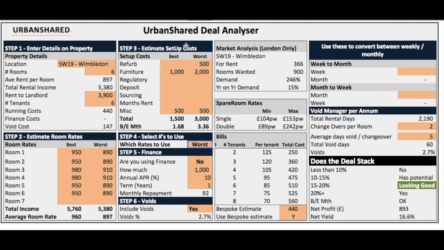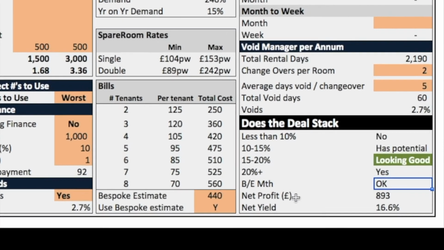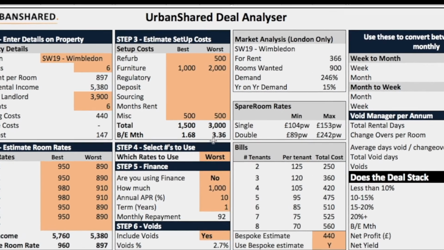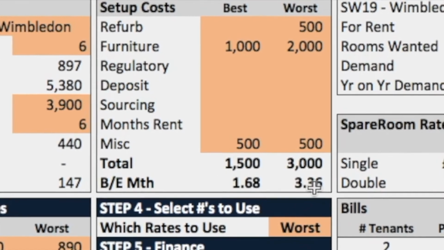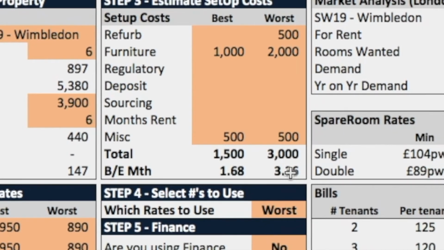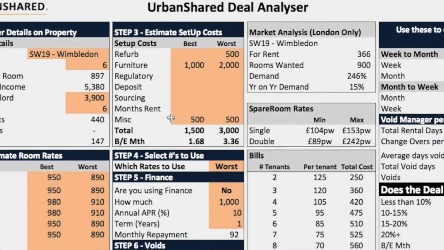In terms of where the setup costs come into the analysis, if you look here, we've got break-even month and it says OK. I like to have deals that break even within 9 months. This deal breaks even in month 2, so 1.68 in the best case, and in the worst case it breaks even in 3.36. So we can see that there was really no issue with the setup costs.